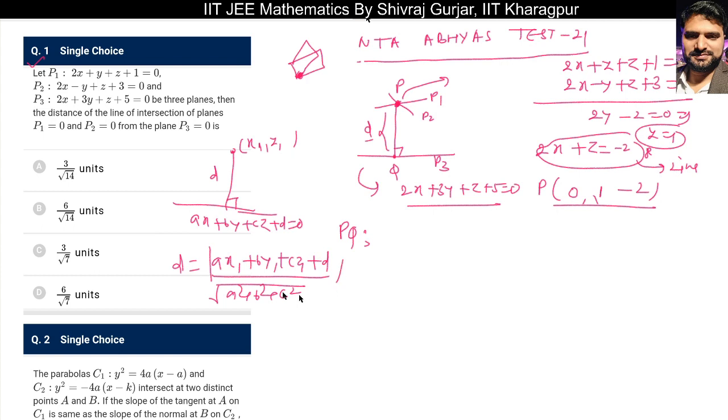So this we know. So from here we need to find PQ. So this point is 0, 1, minus 2 and this plane is that plane. So let us find.